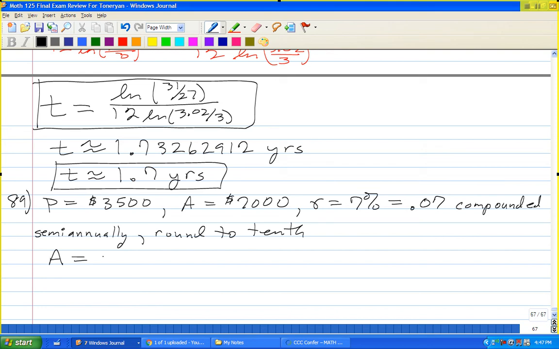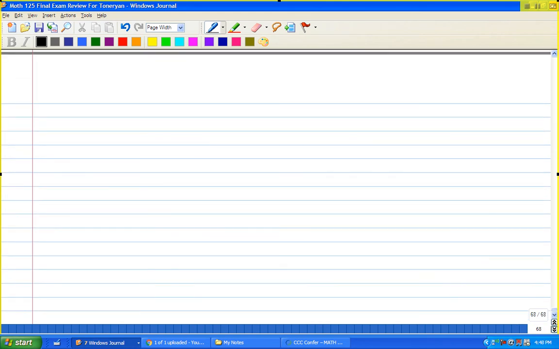And so it says use the compound interest formula. A equals P, 1 plus R over N, to the NT. Okay, so let's do this.